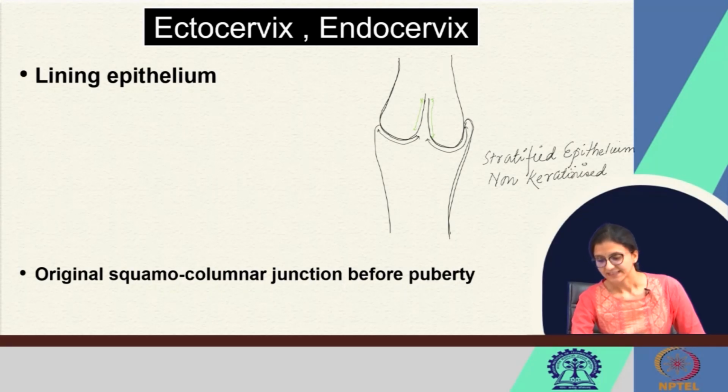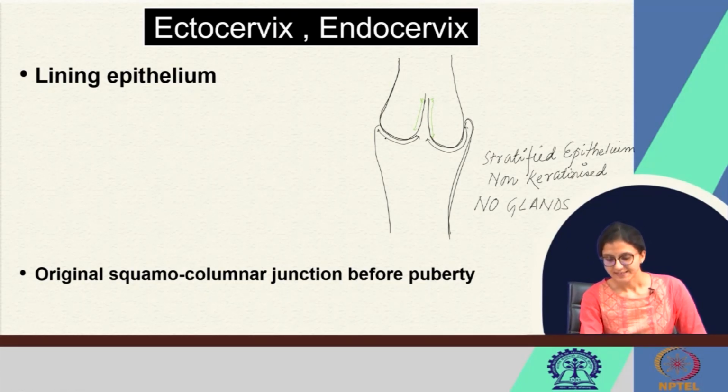Does it have glands? No, there are no glands. So, same for the ectocervix. Another thing which we have discussed is this vaginal epithelium. This is same as that of the ectocervix.